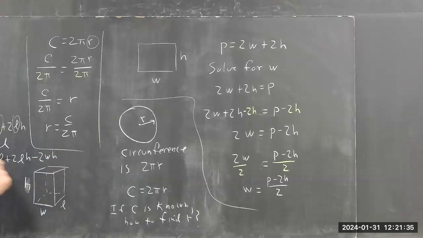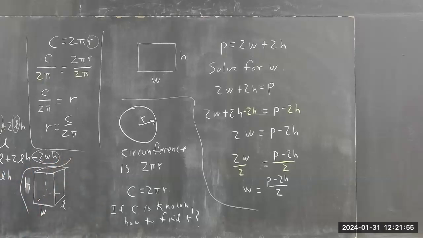I've got two WH here and minus two WH here, so the two WH is going to go away on this side. We get A minus two WH equals two WL plus two LH.